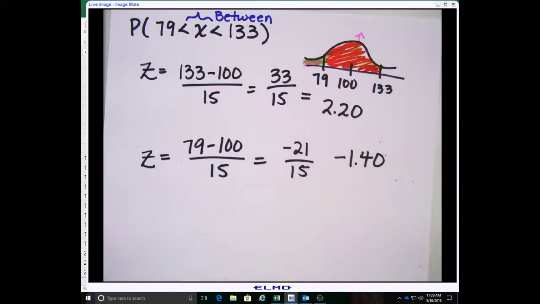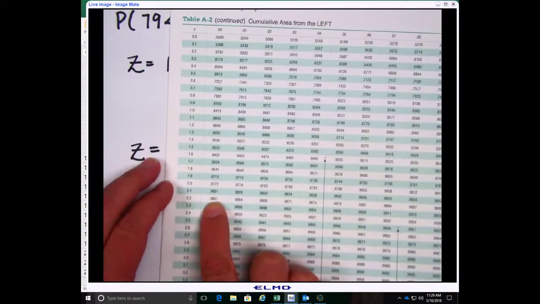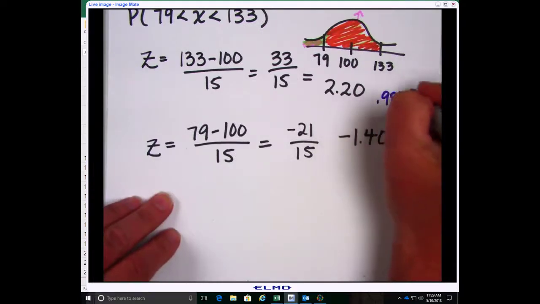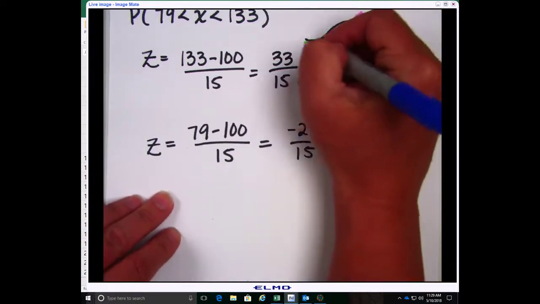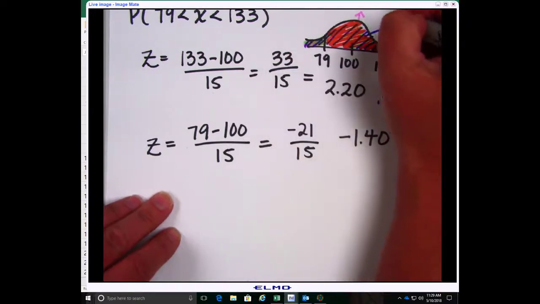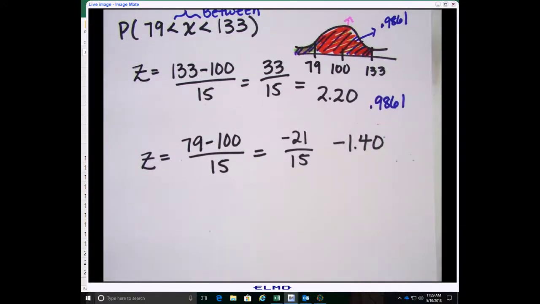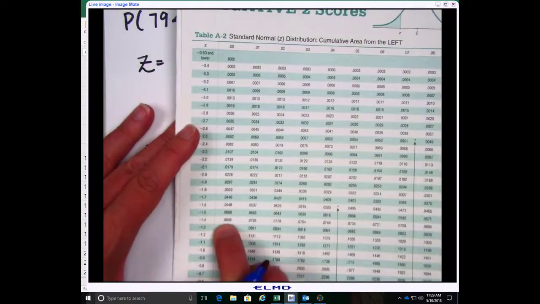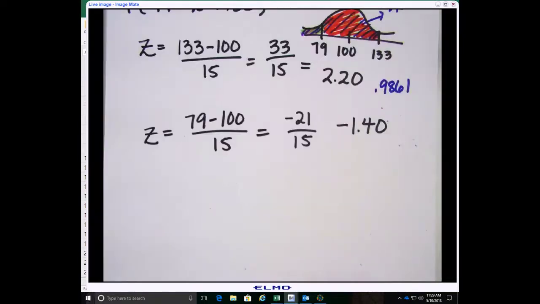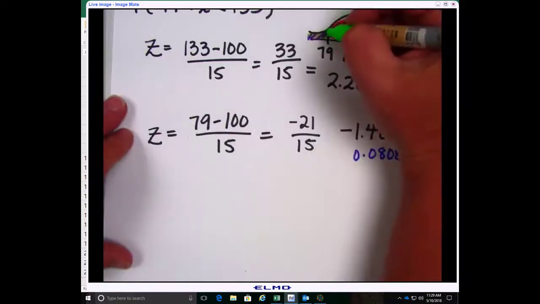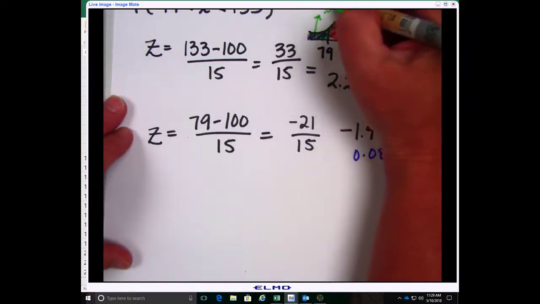2.20, let's do the first one first. 2.20 is 0.9861. In other words, the area from here all the way down here is 0.9861. Okay. Now we're going to look up negative 1.40. 0.0808, and now that's going to be this area in here.